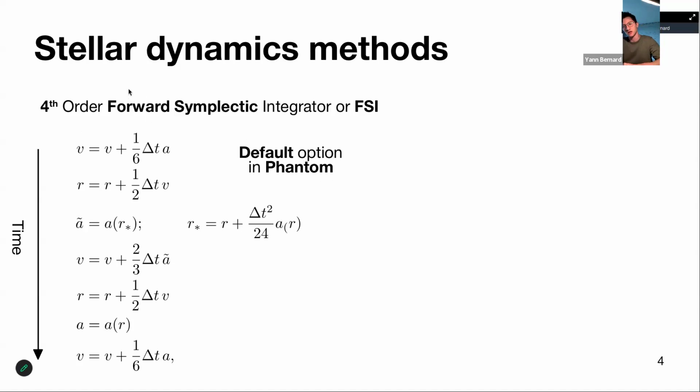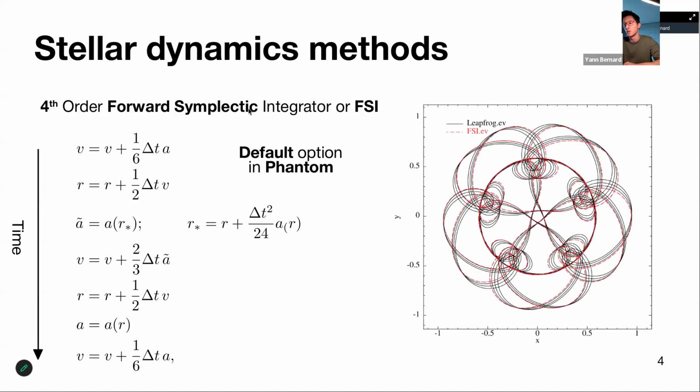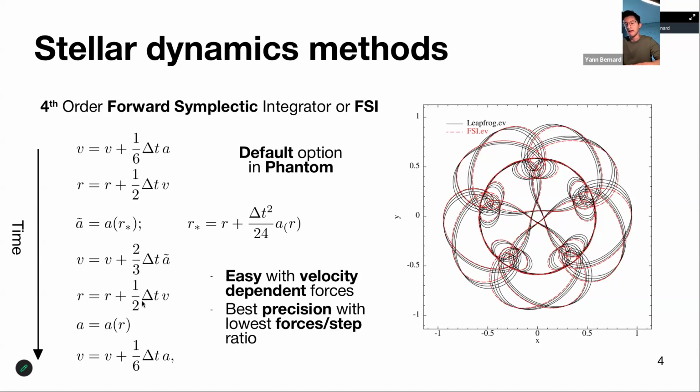The great advantage of this integrator, despite the very good precision compared to leapfrog, is that you don't have any backward substep during the integration, which means it's pretty easy to use with the velocity-dependent forces that we have in the current substep module.